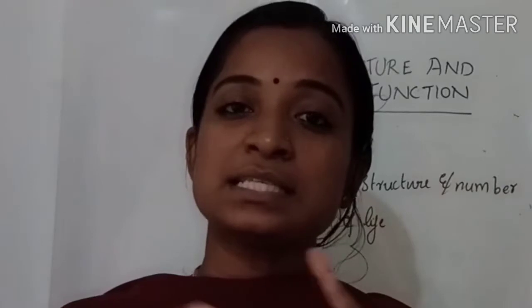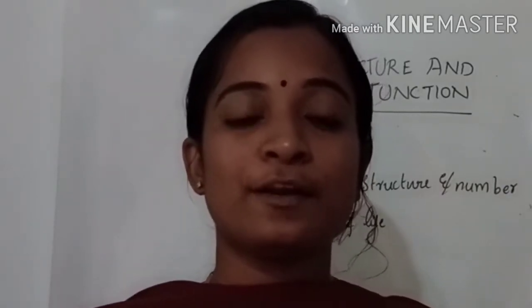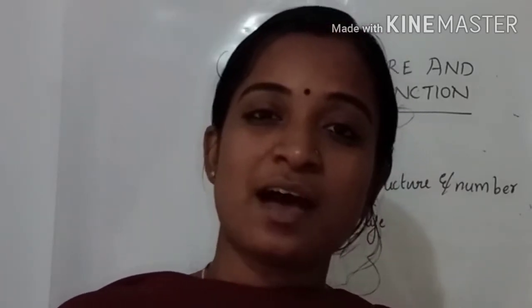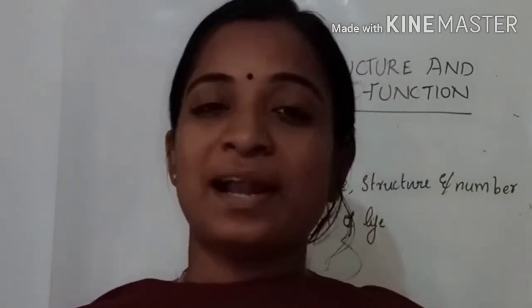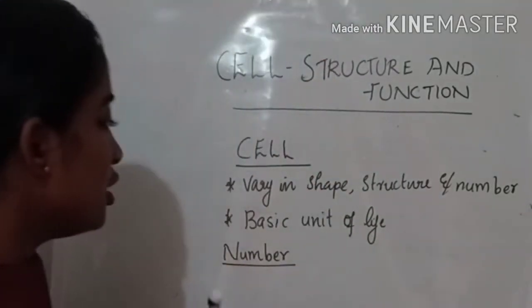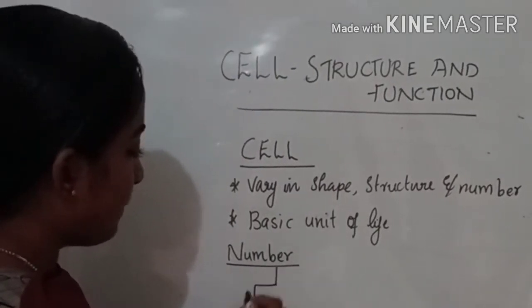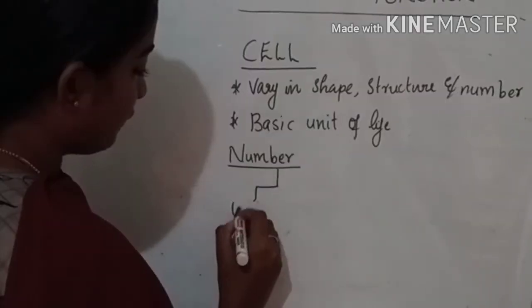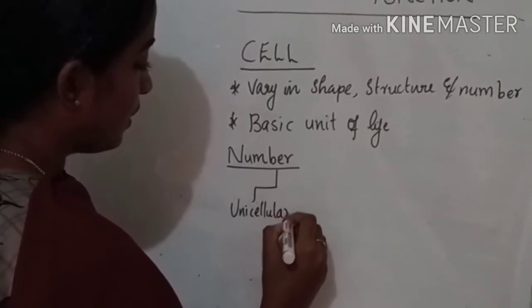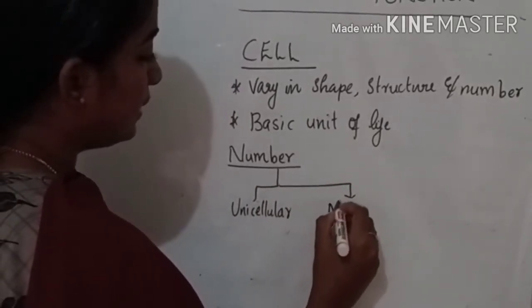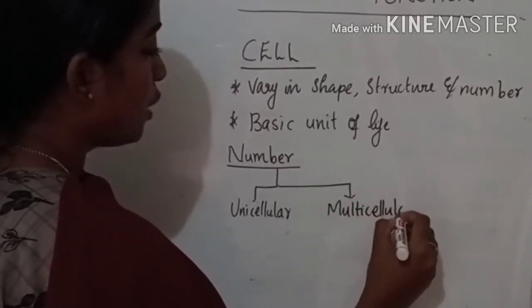So based on the number of cells, the organisms are classified into unicellular organisms and multicellular organisms.